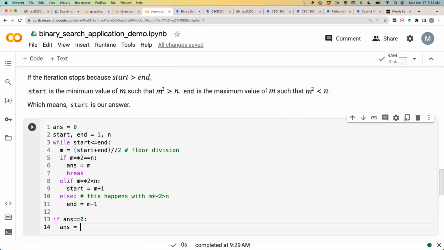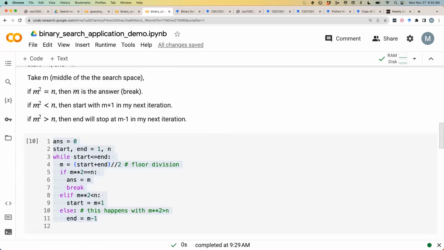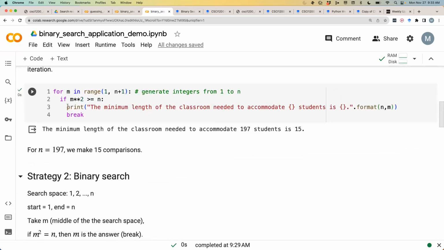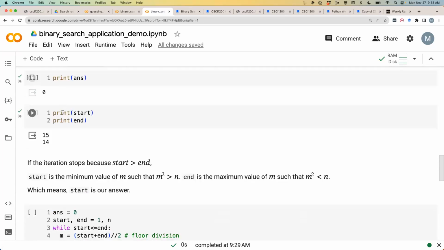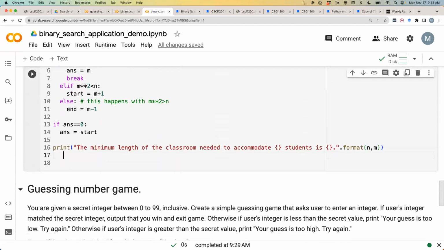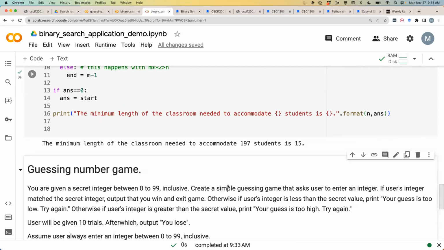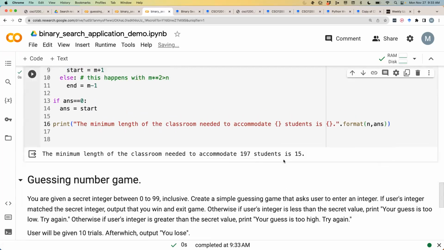Then my answer should be equal to start. Okay, and then you can borrow the print function from earlier on, just to print the answer. All right. So print answer. Okay, in the end, we get the same answer. The minimum length of the classroom needed to accommodate this number of students is 50.